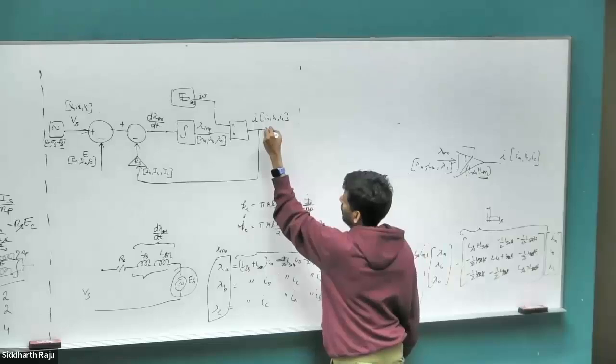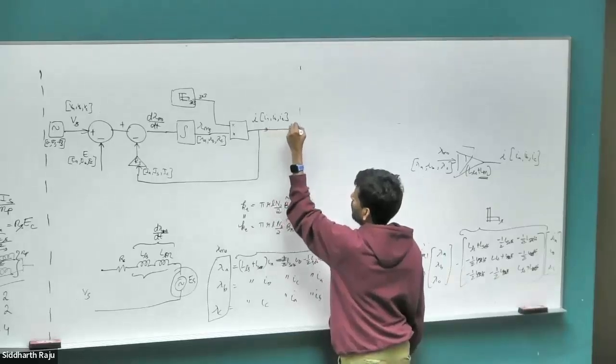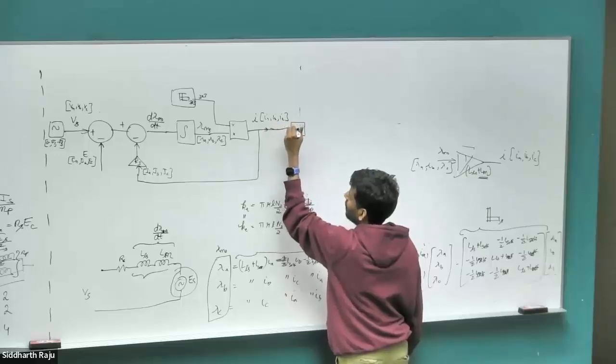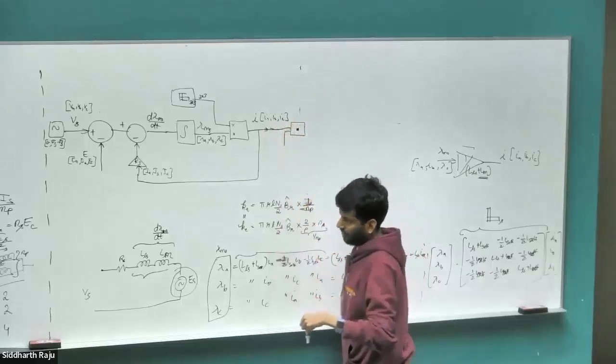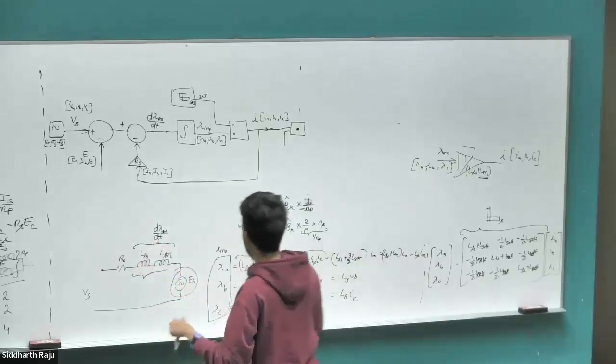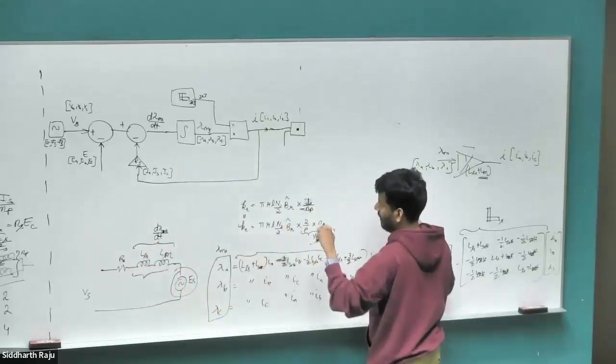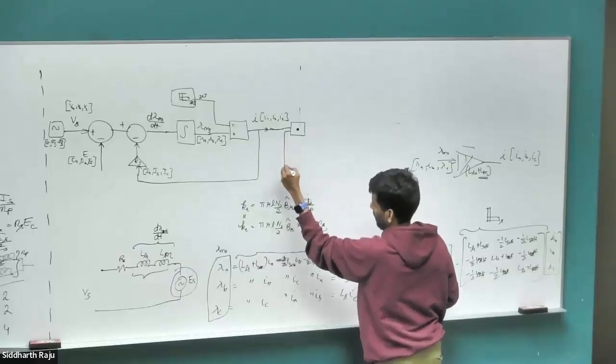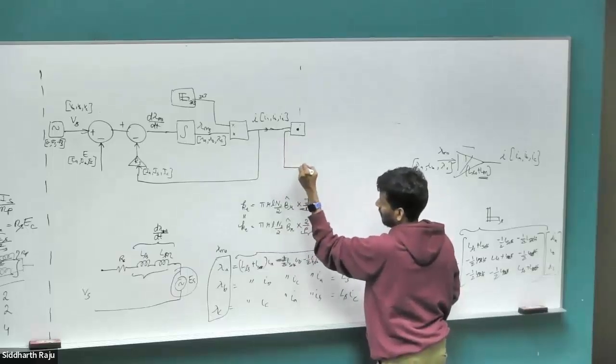So once we have the currents, we can dot product with the three values: sine of delta, sine of delta plus 2 pi by 3, sine of delta plus 4 pi by 3. We don't know what the delta is yet, but let's say we have that somehow.